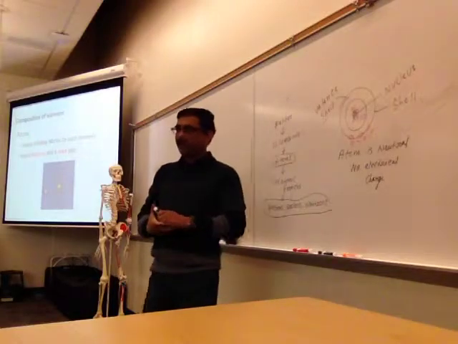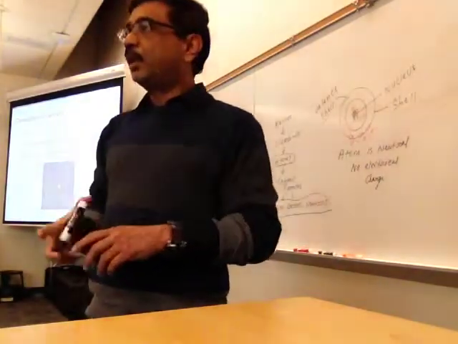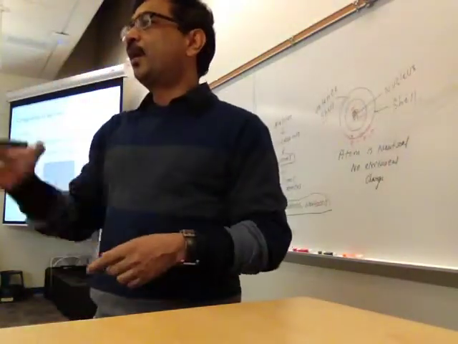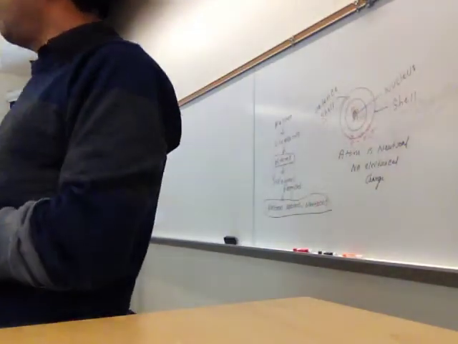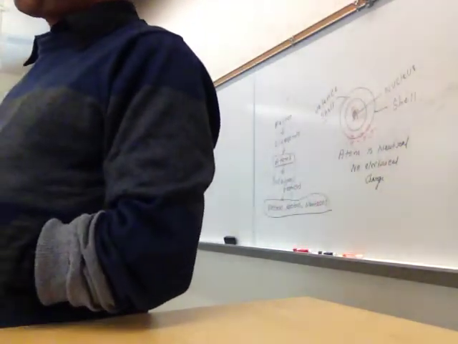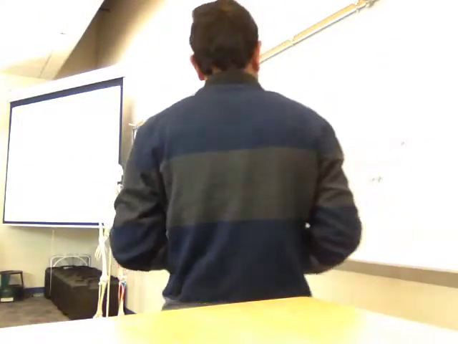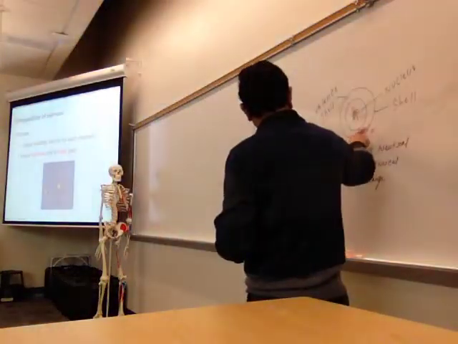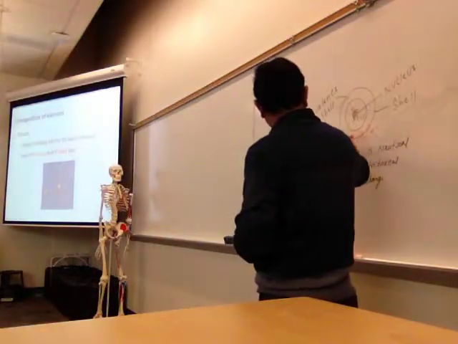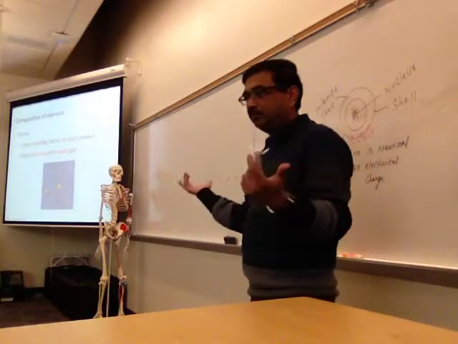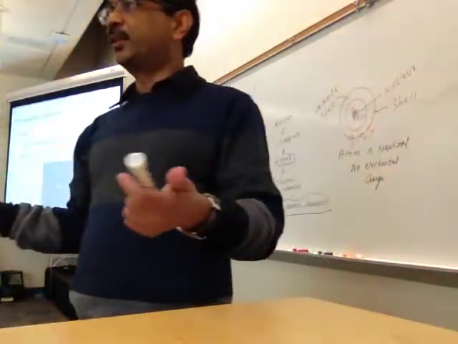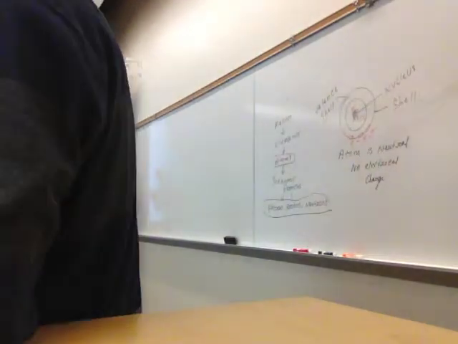So if the atom has more than 1 shell, the outermost shell is called the valence shell. And any electrons on the outer shell are called valence electrons. On the valence shell, the electrons are valence electrons.